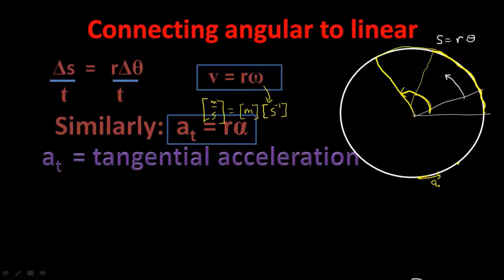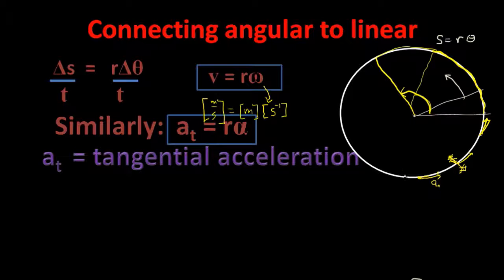At this point, it would be accelerating this way. At this point, it would be accelerating this way. Well, not quite. That wasn't quite a tangent. They're more like that. So we have tangential acceleration that causes the object to speed up or slow down as it moves along the circle. So if it's moving this way, for example, and the acceleration is in the same direction, then it speeds up. If the acceleration is in the opposite direction, it slows down.